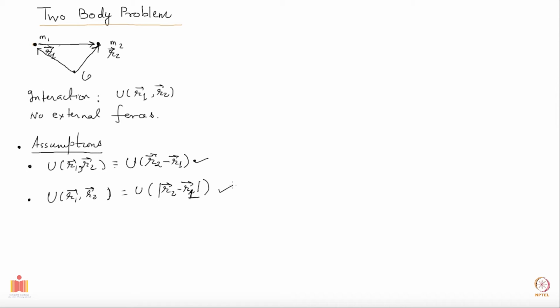This is a very reasonable choice because you know that space is homogeneous and isotropic. If my system is not being affected by any other external agents, then space will be homogeneous and isotropic, and translating the entire thing as a whole, or even rotating the entire setup, should not change how the system behaves, which means the potential energy should be given by such a restricted form.